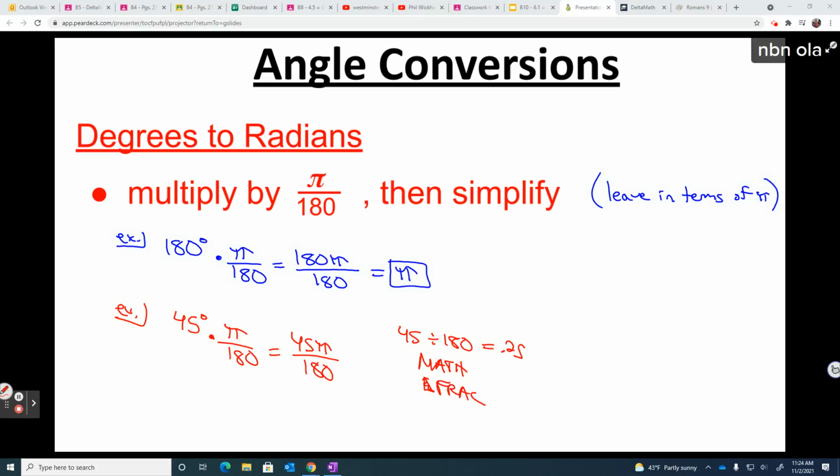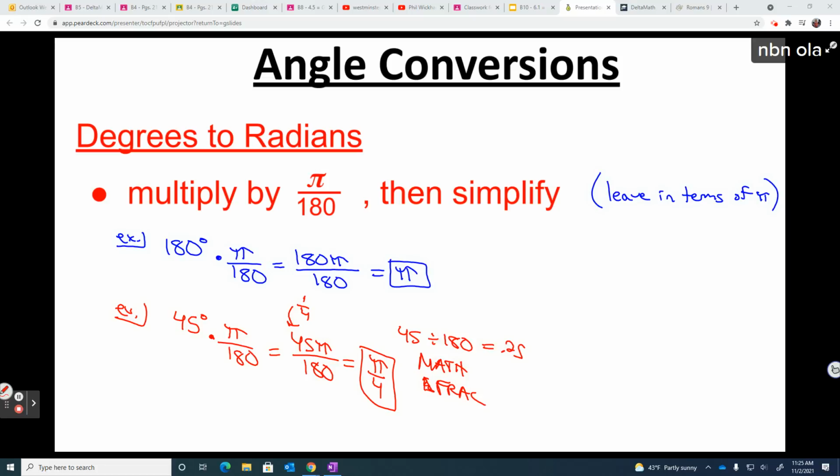Click on that. Enter again, and you get 1/4. So this is 1/4. What we're going to write that as is pi over 4. Pi over 4. That's equivalent to 45 degrees. Because it's 1/4, so we say 1/4 pi or pi over 4.